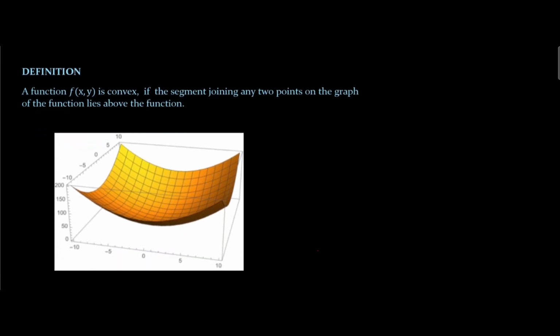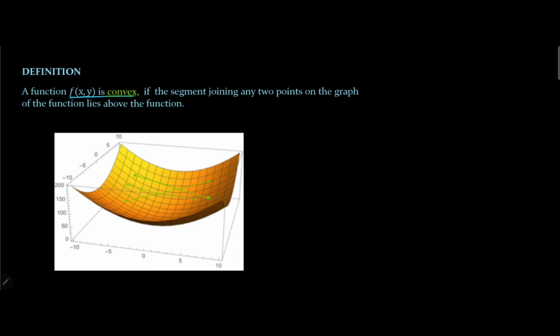And if we have a two-variable function, then this two-variable function is convex, the same idea. If the segment joining any two particular points there is always over the function, the same idea.